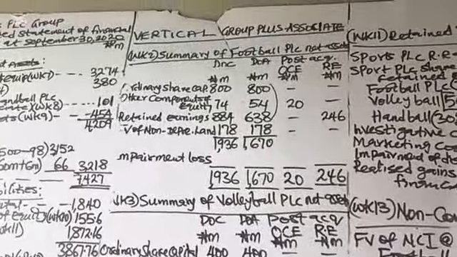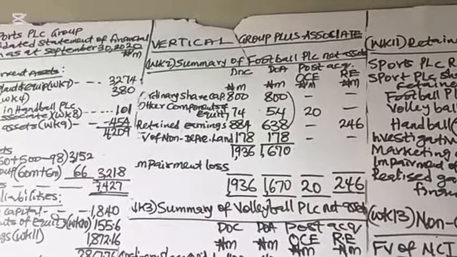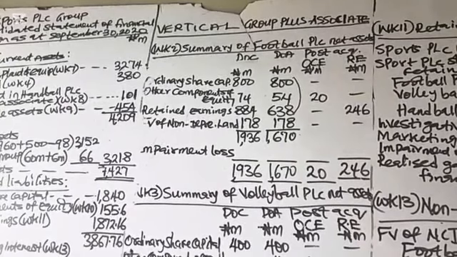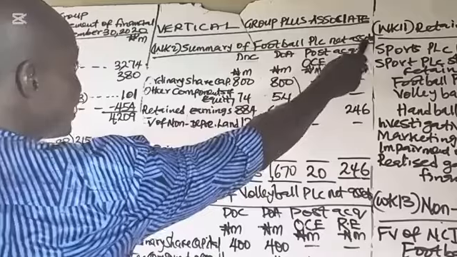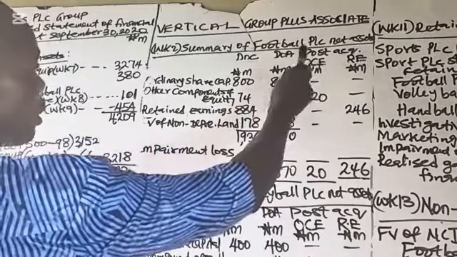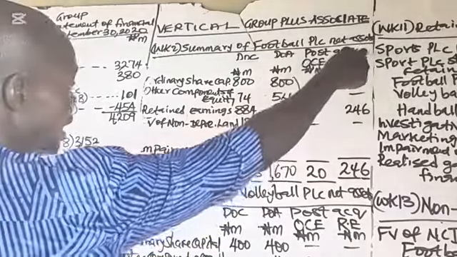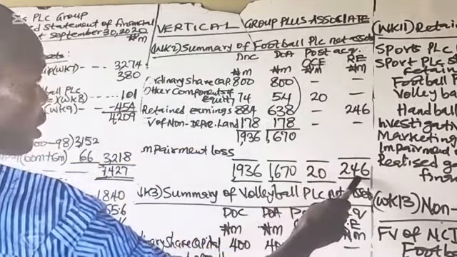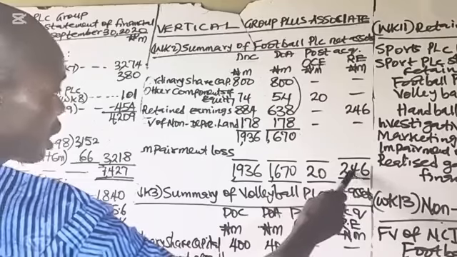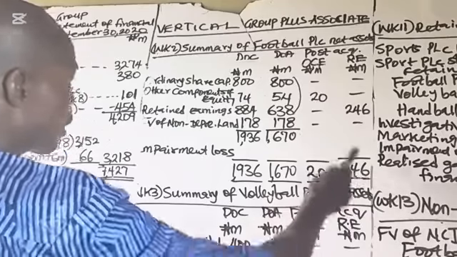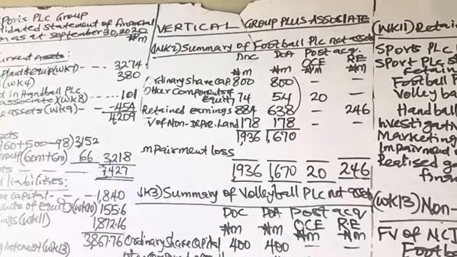Now let's go through the summary of Football PLC net asset in order to ascertain that. So this is the summary of Football PLC net asset. This is other components of equity. This is retained earnings. The adjusted post-acquisition retained earnings of Football PLC amounted to 246 million.